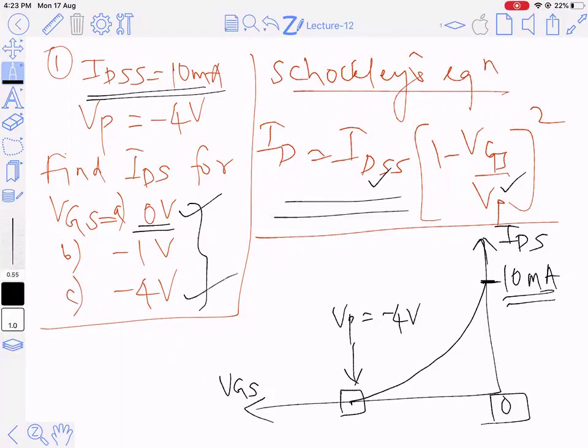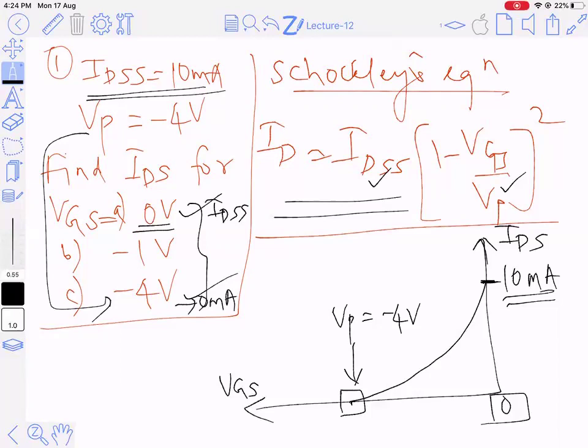And the last part, when VGS is -4, it's the same as pinch-off. 1 minus (-4 by -4) is 1 minus 1, which is 0, so the current is 0. So for the first case, the answer is IDSS, which is the maximum current, and for the third case, it is 0.